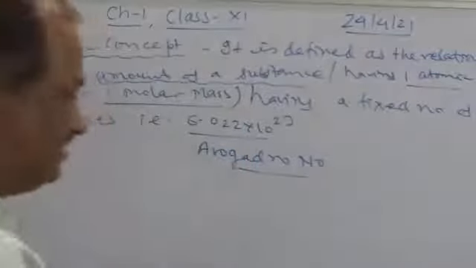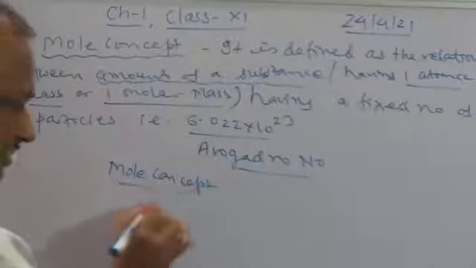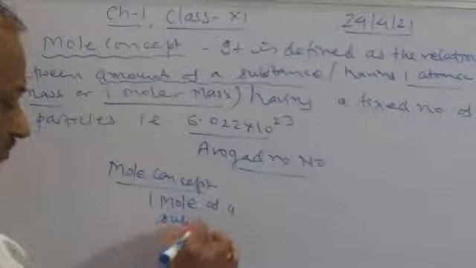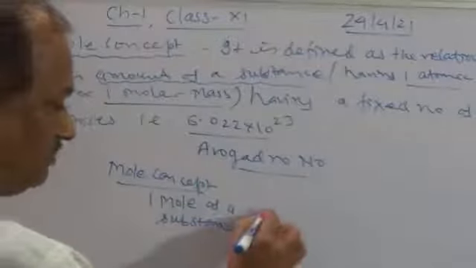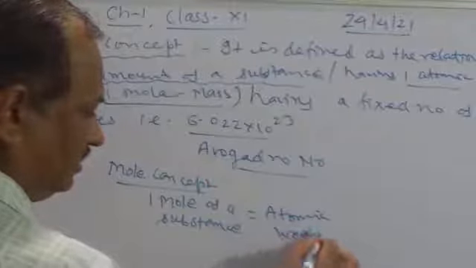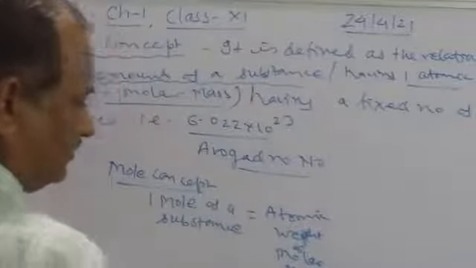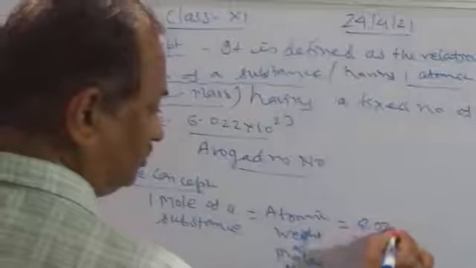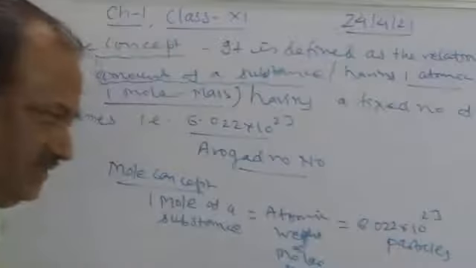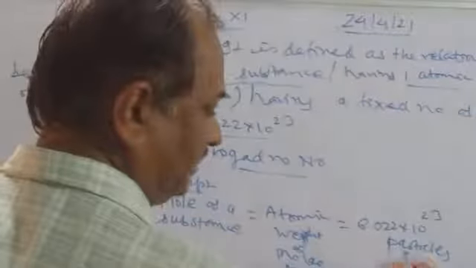In brief, the mole concept can be expressed as: 1 mole of a substance is equal to its atomic weight or molar weight or molecular mass, and it is equal to 6.022 times 10 to the power 23 particles.